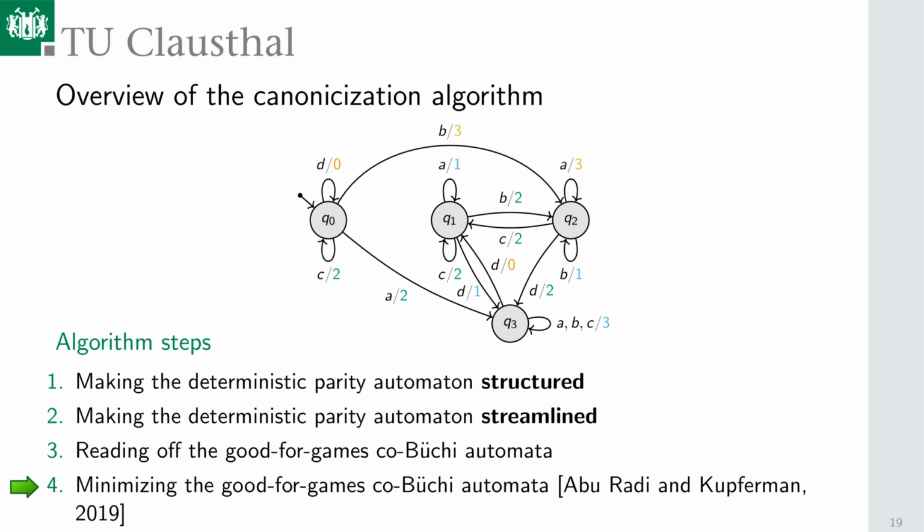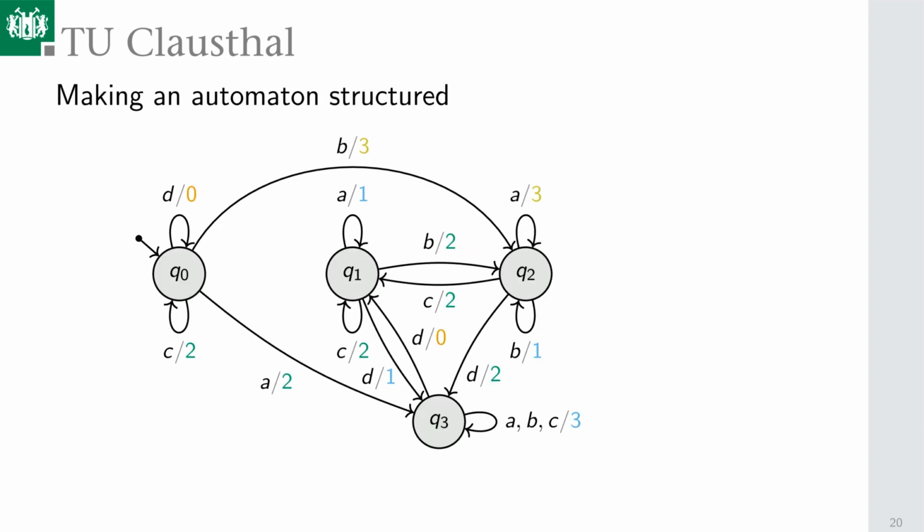We will use the automaton given above as running example and will consider the first step before having a closer look at the example automaton. A structured automaton has the property that every pair of states with the same language is in the same strongly connected component.